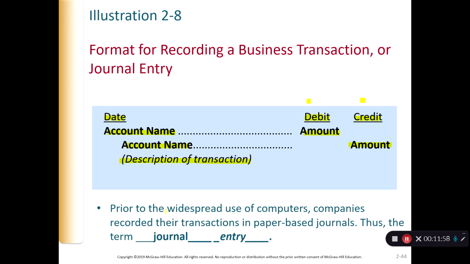Prior to the widespread use of computers, companies recorded their transactions in a paper-based journal, which looked like this. This is the journal entry.